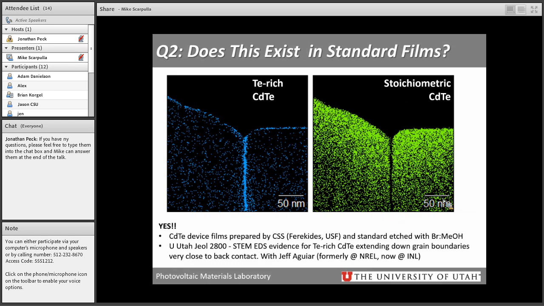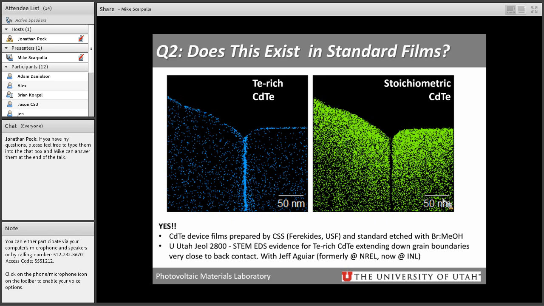So a few months ago, we took advantage of the new JEOL scanning TEM with enhanced EDS capabilities that we got here at the University of Utah. At the time we bought it, it was one of two in North America that had these kinds of capabilities.